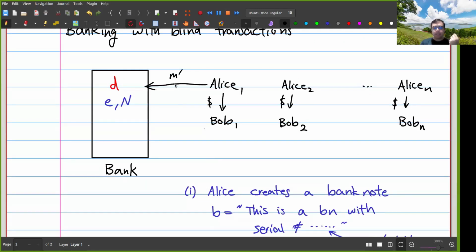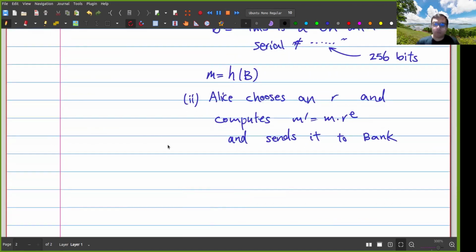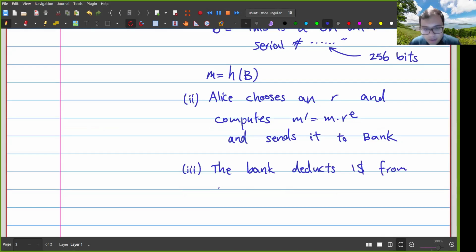So when Alice sends this message M prime to the bank, the bank says, okay, I'll deduct $1 from your balance, and then I give you the signature on M prime. So this is step 3. The bank deducts $1 from Alice's balance and gives her the signature.